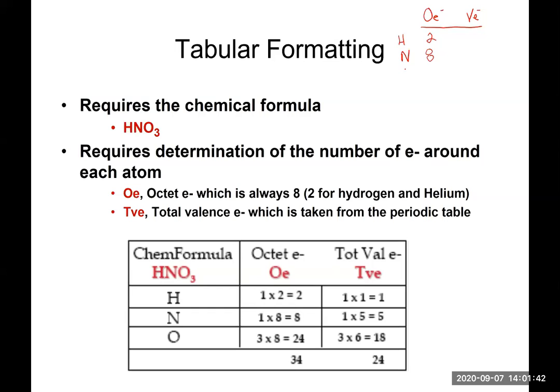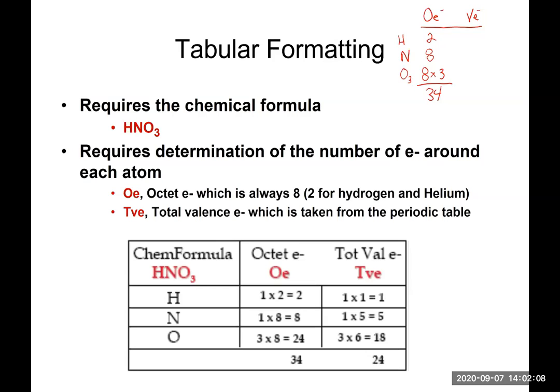And we have oxygen, but we have 3 of them because we have O3. We know that oxygen is not hydrogen and helium, so it's going to want an octet. It's going to want 8 electrons. But we have 3 oxygens, so we have to multiply that by 3. And so the total here is 34.